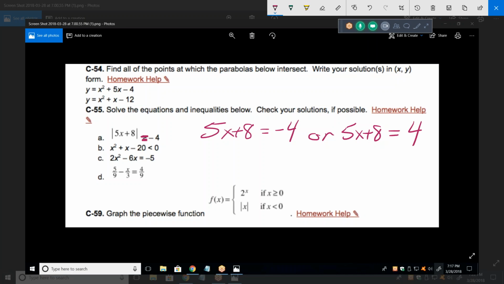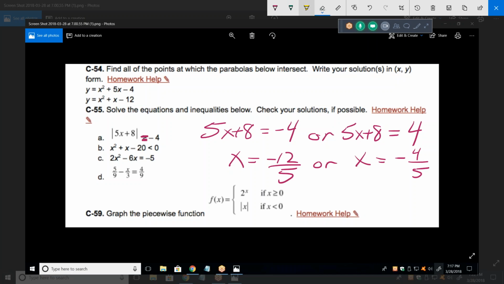What's going to be my problem? And you have to spot it, because you won't spot it by solving these equations. You will come up with x equals -12/5 or x equals -4/5. But neither of those are going to work.